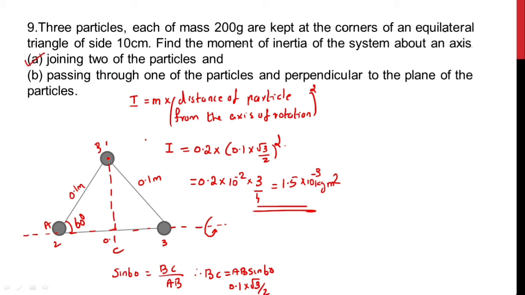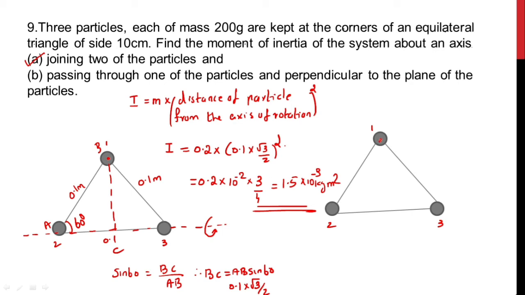Now in the second part, where is the axis passing through? The axis is passing through one of the particles and perpendicular to the plane. So once again you can consider the three particles here. Now where is the axis of rotation? This is the first particle, this is the second particle, this is the third particle.